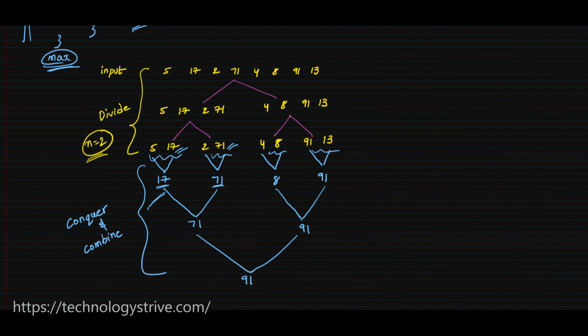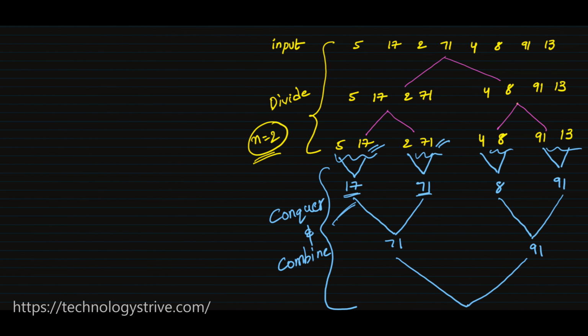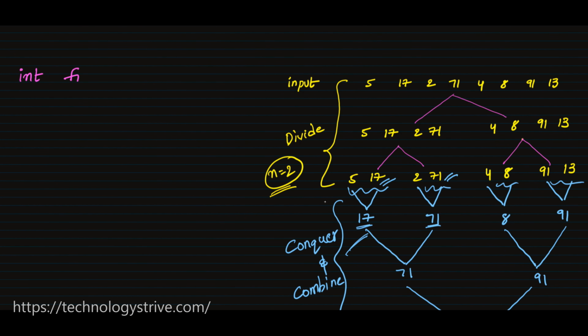So now let's write code for this. Here I am using the Java programming language, but once you get this concept, you can write it in any language. So let's define a method, int findMax, and we are given an integer array a, right? Once we are given the integer array, what do we have to do?